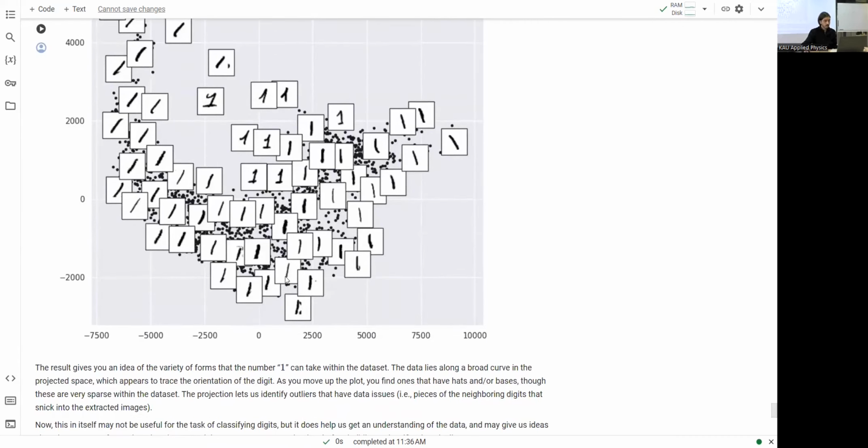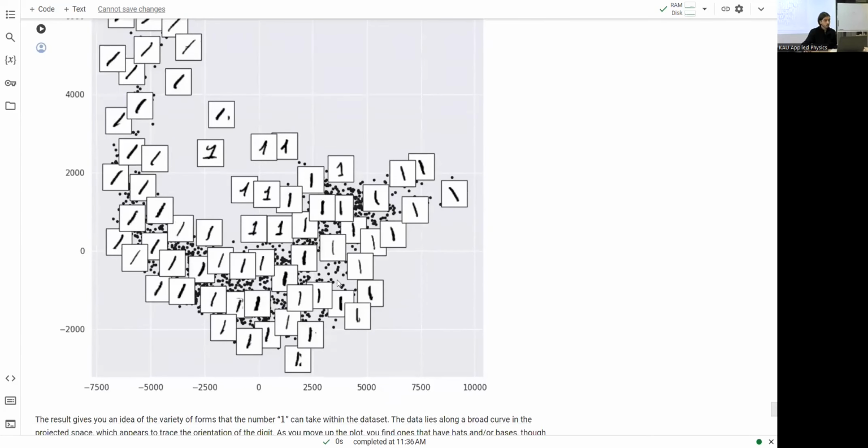And you see that the angle, when we are getting to the bottom, this number 1 gets more straight. And moreover, you see that here is some sort of island of 1s that were written in a more fancy way. So it's not just one stroke, but here you see at least 2 or even 3 strokes when you are drawing this 1. So that's what we have. There is, once again, some internal structure seen here in 2 dimensions.